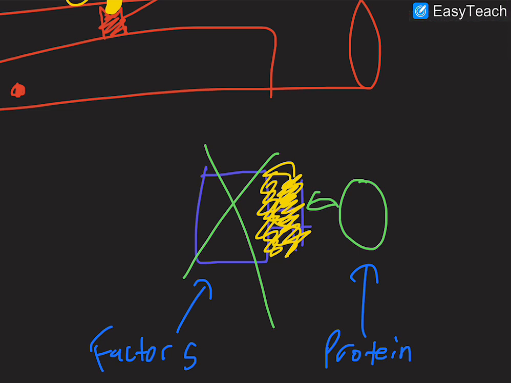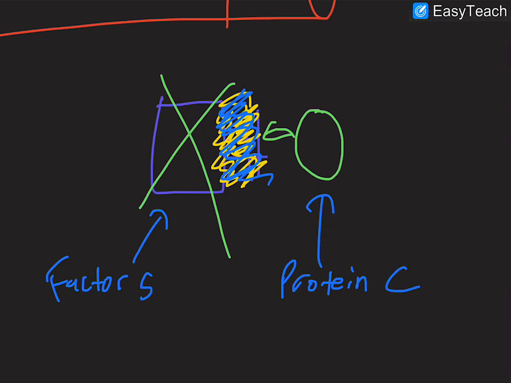Usually, protein C binds to factor V and inactivates it. But in factor V Leiden, we get a mutation in the factor V gene where the area where protein C usually binds changes. So now protein C cannot bind to factor V and cannot inactivate it.